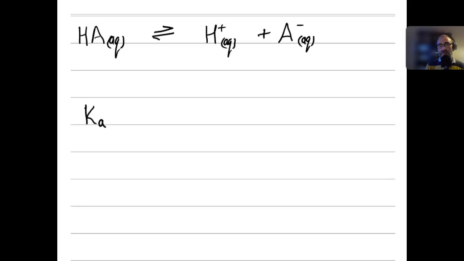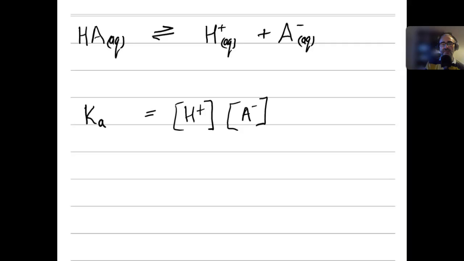So in this case, the moles are always 1. There's 1 mole of HA, there's 1 mole of H+, there's 1 mole of A-. So we don't need to worry about writing those ones in. We don't need to consider raising any of the concentrations to a power. So let's write this expression. Ka equals the concentration of products over the concentration of reactants.